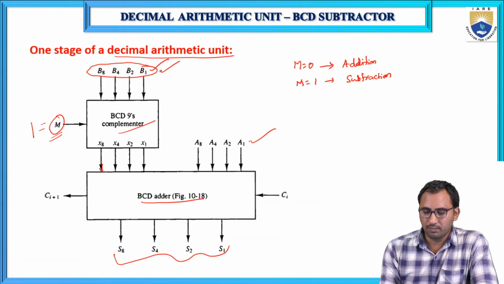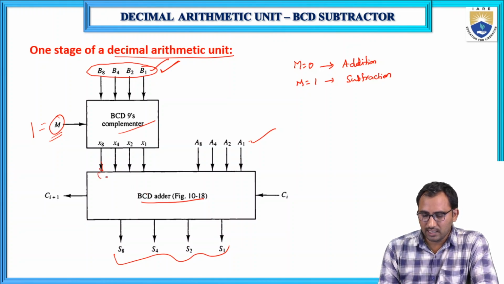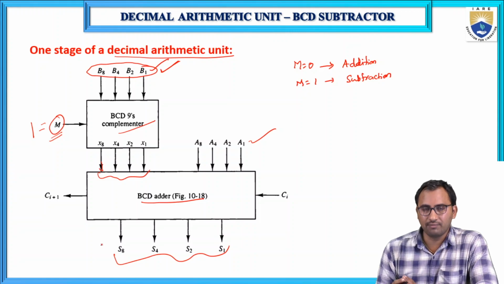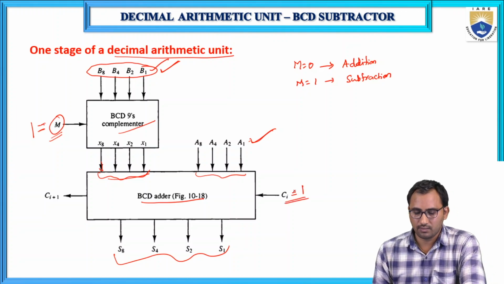After 9's complementing, that 9's complement value will be given to the BCD adder as one of the inputs. And already we have the augend bits. So these 9's complemented bits are added with the augend number. In this BCD subtraction, mode bit 1 also will be given to the input carry.